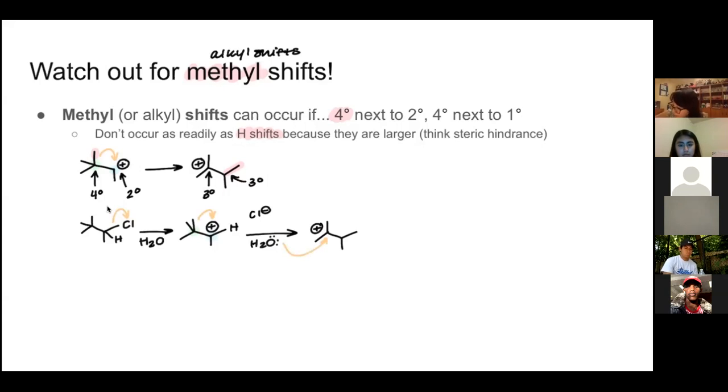For the purposes of time, I'm not going to show deprotonation. Just know that deprotonation happens here. It happens almost exactly how it happened in the last slide. You have the H2O plus group connected to where the carbocation was. You get rid of one of the H's, and this results.